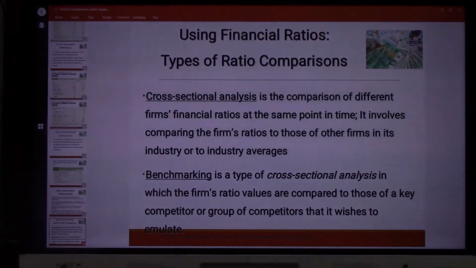For example, if your firm is working in the cement industry, you calculate the financial ratio of your firm in a specific year, and then you compare it with the industry average of cement, and based on this comparison, you will be able to determine whether it's okay or not. Also, one of the important terms you must be aware of when aiming to compare ratios is called benchmarking.